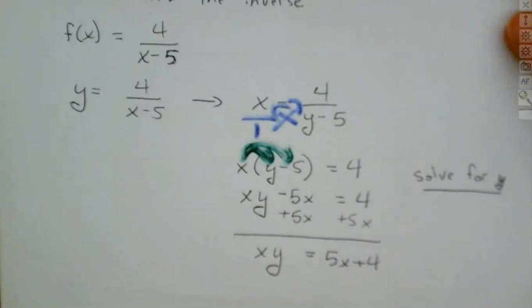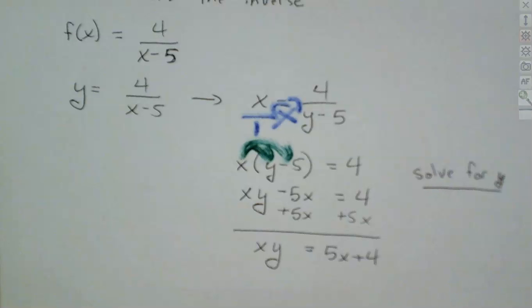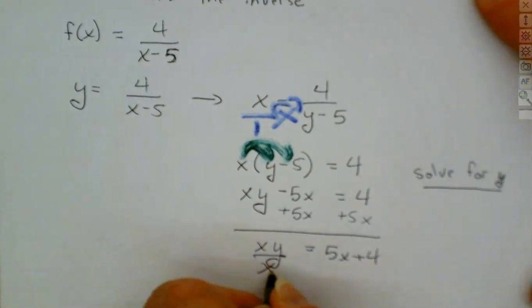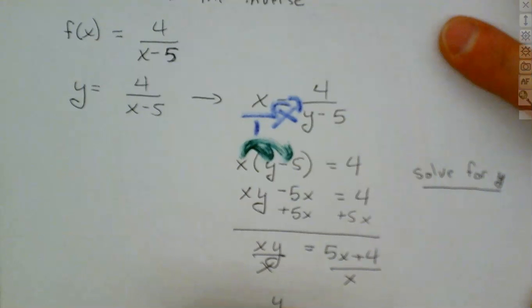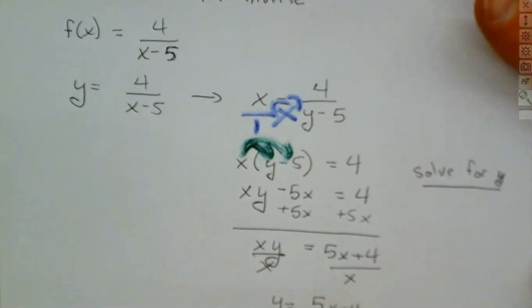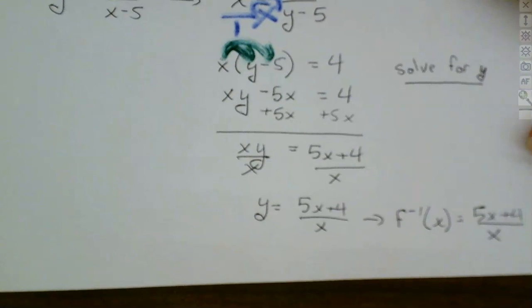And how do we now finish it? Yep, divide that by x, and that is our inverse. So y now equals 5x plus 4 over x, and that means my inverse of x is 5x plus 4 over x.